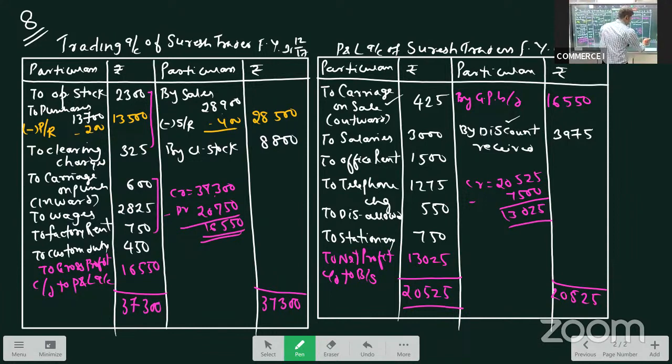Okay, so now let us take one more question. As I said, question number 10, page number 273. Prepare trading account and profit and loss account.